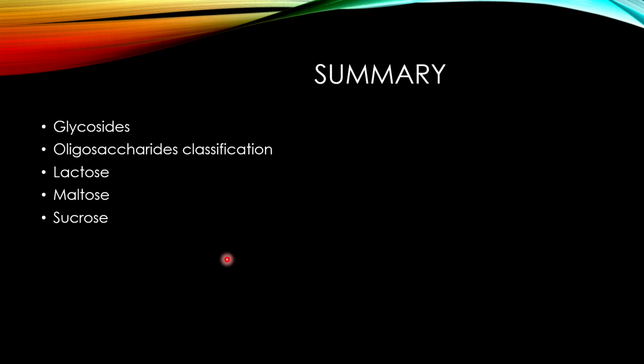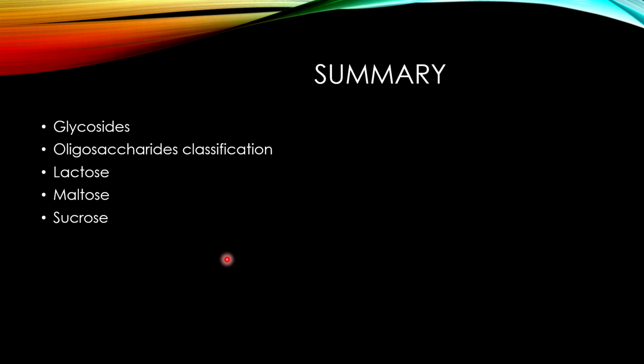Then we talked about classification of oligosaccharides as lactose, maltose, and sucrose. Lactose is made up of glucose and galactose. It is present in milk sugar. It is a reducing sugar, and it is associated with lactose intolerance in case of deficiency of the enzyme lactase. So lactose is not metabolized, and then accumulates and forms lactic acid, which brings about the symptoms.